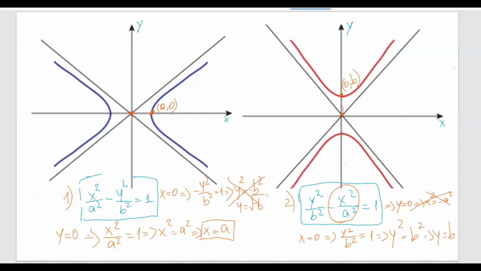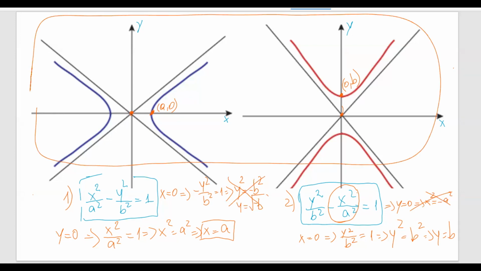So one thing to remember, very important: if you were to just cover these graphs, if you forget about these graphs, imagine that they're not here. I want you to remember this: if you are only given this equation here with x squared over a squared minus y squared, so an equation where the x term is positive, I want you to right away know that your hyperbola is going to be situated on the x-axis, so it's going to be placed on the right and left.